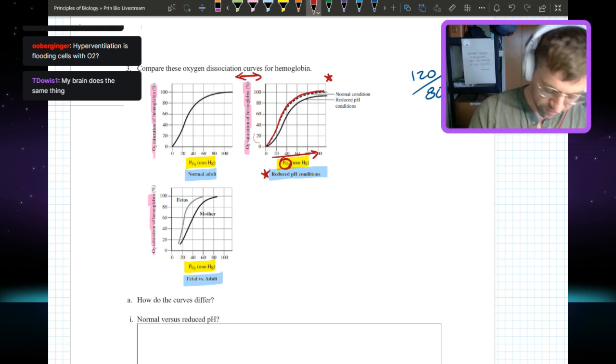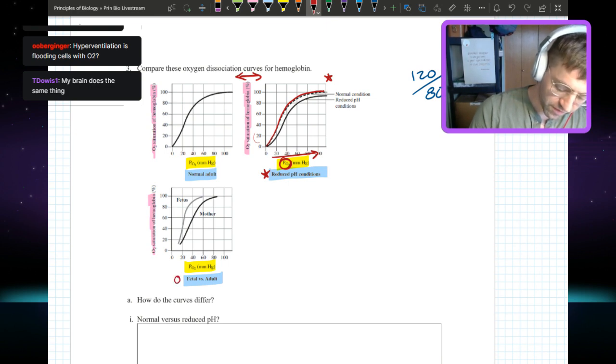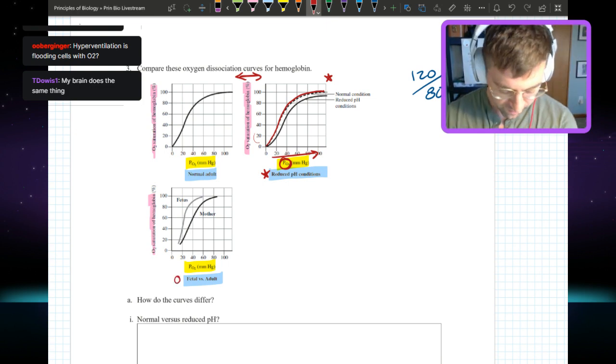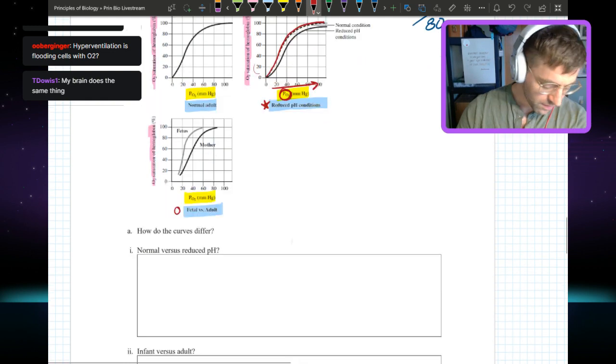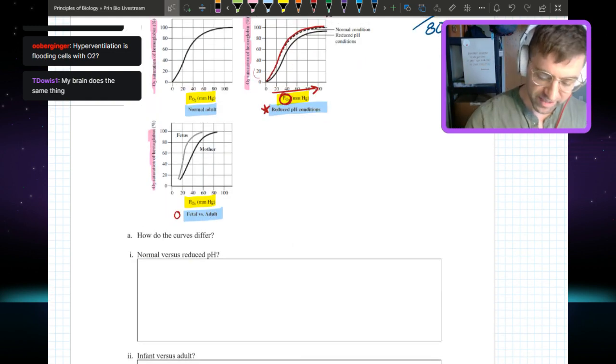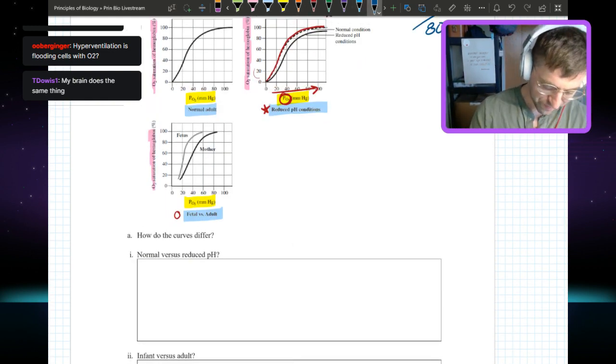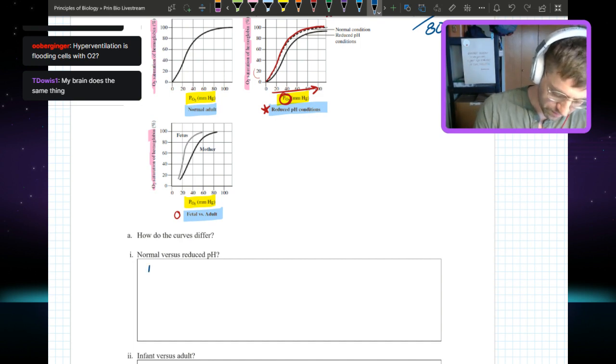Then we have fetal versus adult. I'm getting a little ahead of myself. Let's go ahead and write some of that. Normal versus reduced pH. Reduced pH equals increased partial pressure.